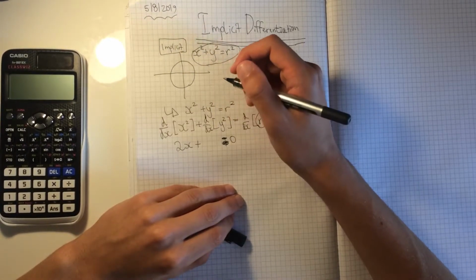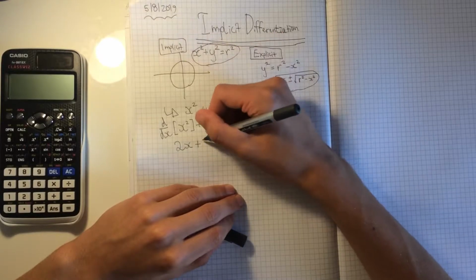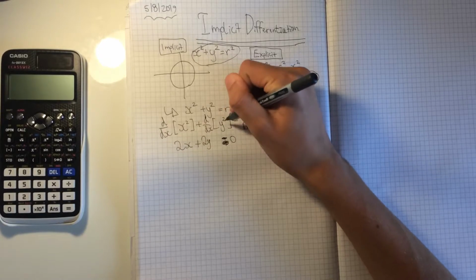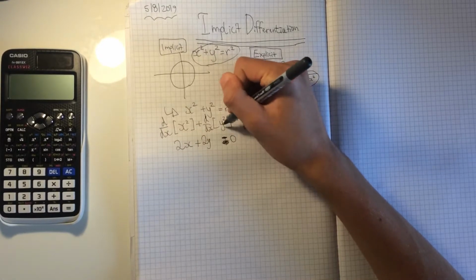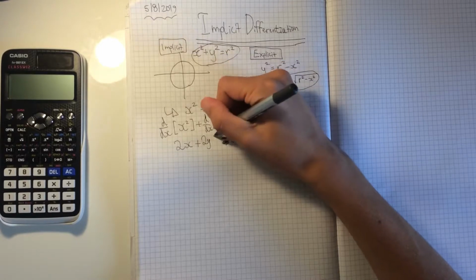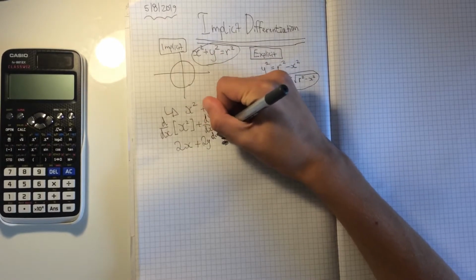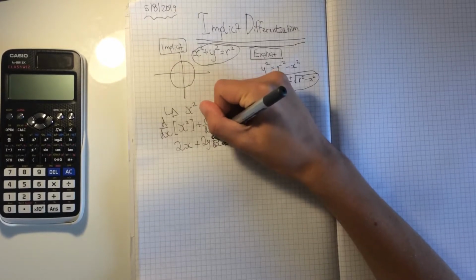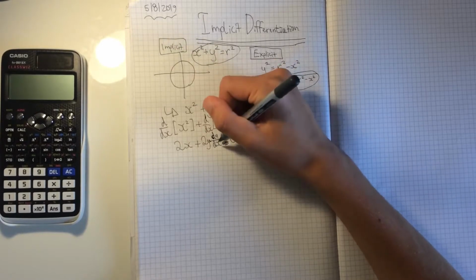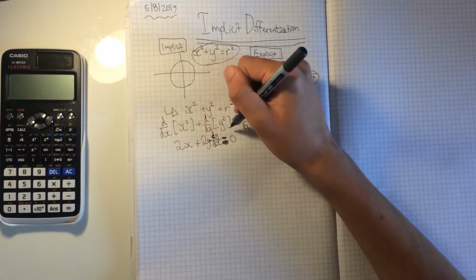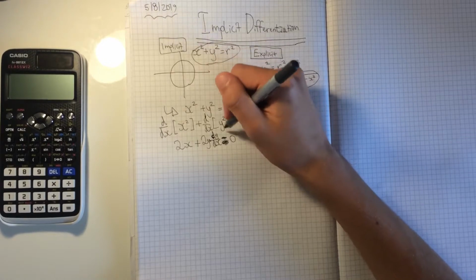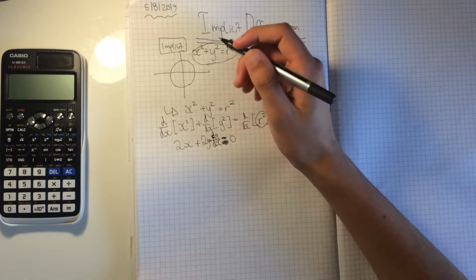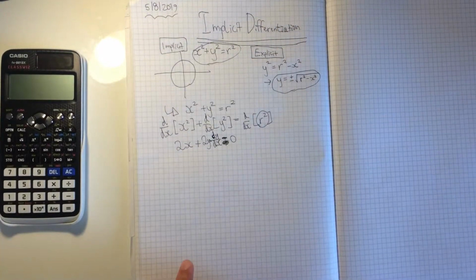And then what do you have here? You just work out the derivative of this expression as if y was like x. But then what you do is you write dy over dx on your paper. The reason why is because y is a function of x. So you can do a little trick there and assume that y is a composite function here.